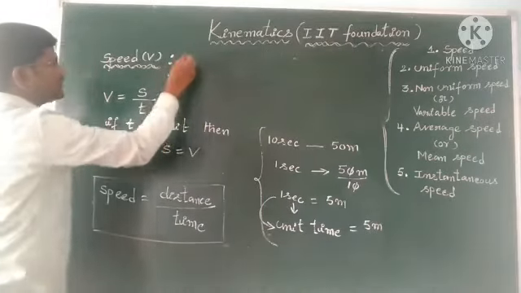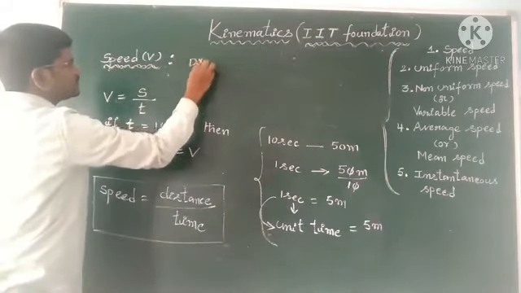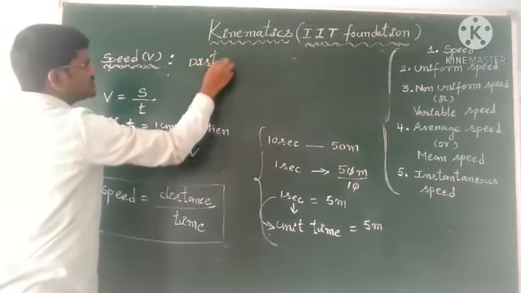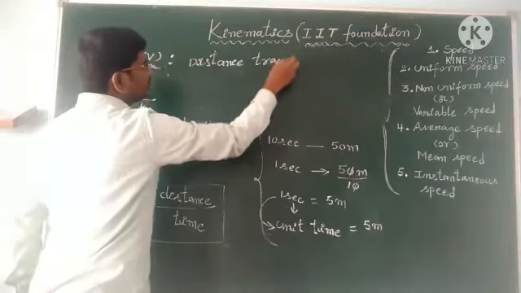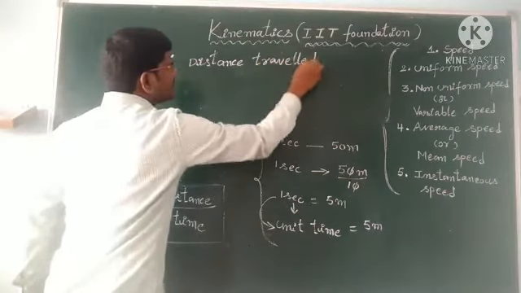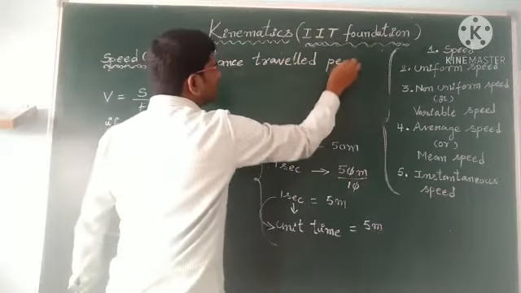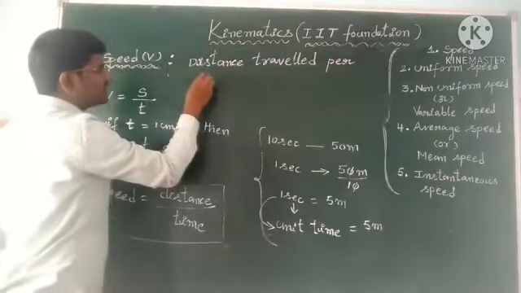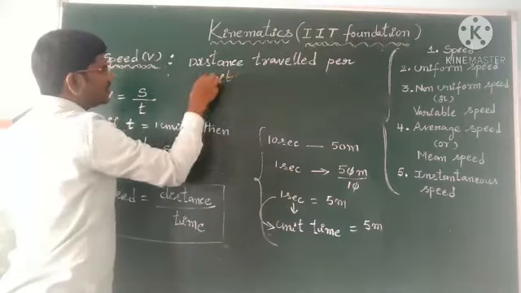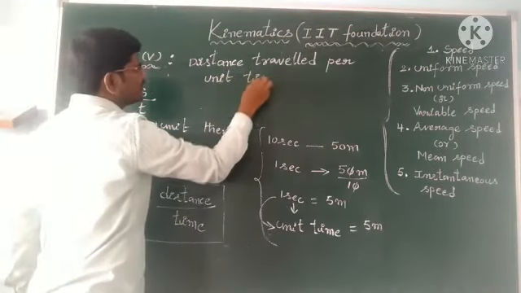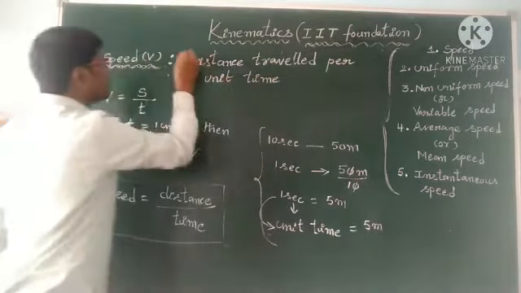So definition of speed is distance traveled per unit time.